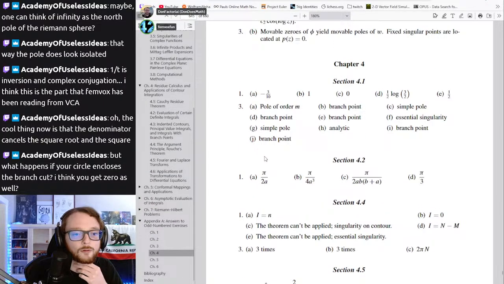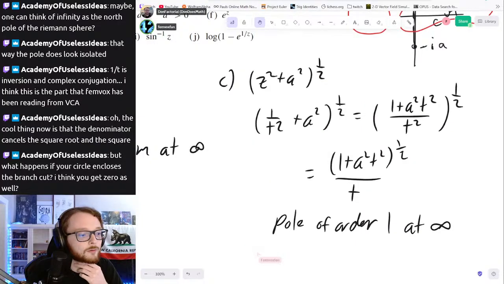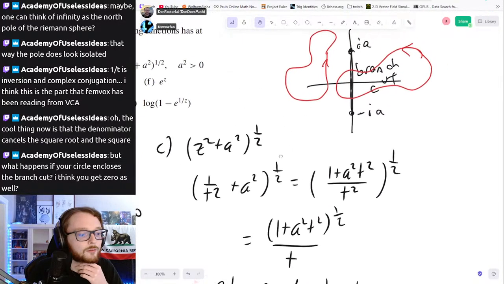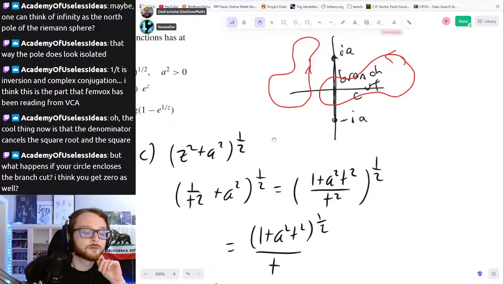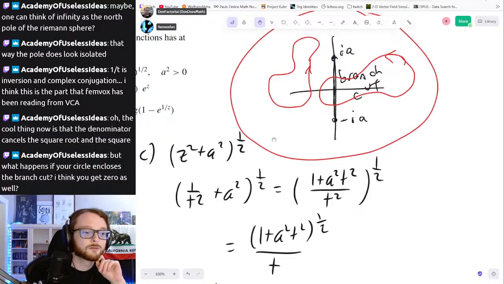Slim says, what happens if the circle encloses the branch cut? I think you get, like, enclosing the entire branch cut. Oh yeah, I see what he's saying. If I go around the whole thing like this, then I think that would be zero. Probably, yeah.